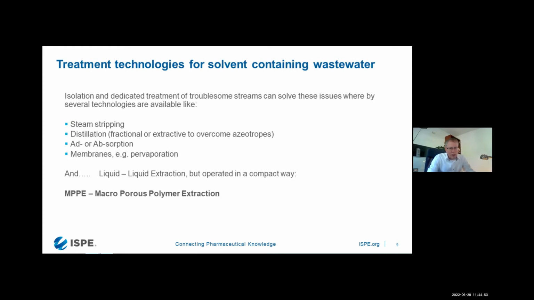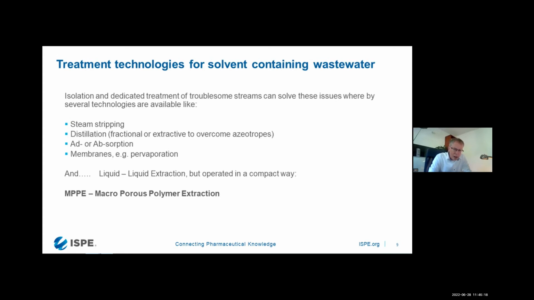And then if you look at the different technologies to treat solvent-containing wastewater streams, you're looking at technologies like steam stripping, distillation, which can be fractional or extractive in cases of azeotropes, adsorption, membranes like pervaporation. But we are focusing today on liquid-liquid extraction.